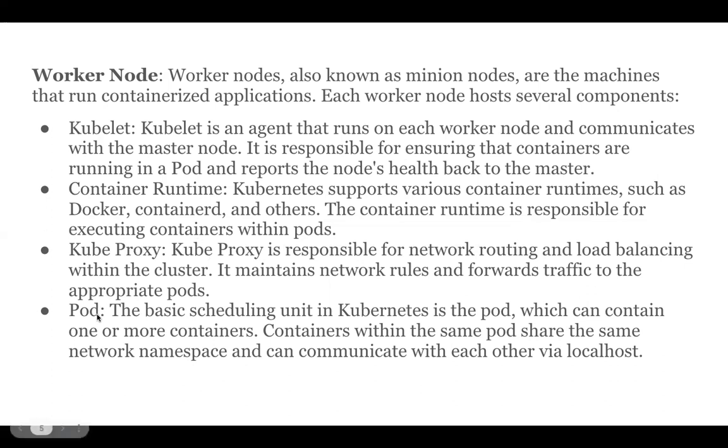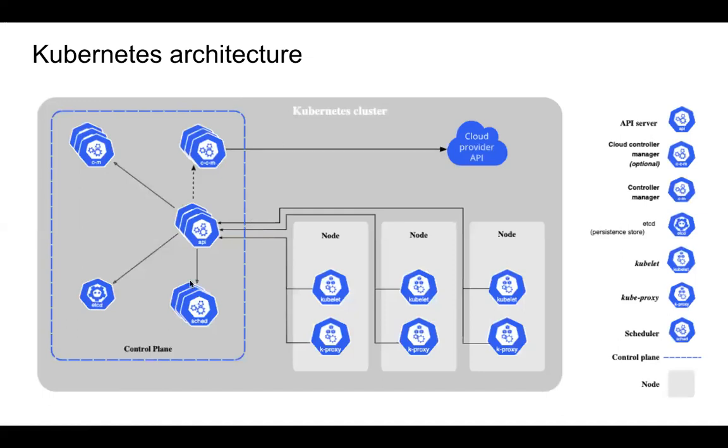The basic unit, scheduling, everything around whatever we have discussed, all this is for what? For the pods. It's the basic scheduling unit in Kubernetes. One pod can contain one or more containers. So the hierarchy is, there is one master node which contains all the services necessary for maintaining the Kubernetes.